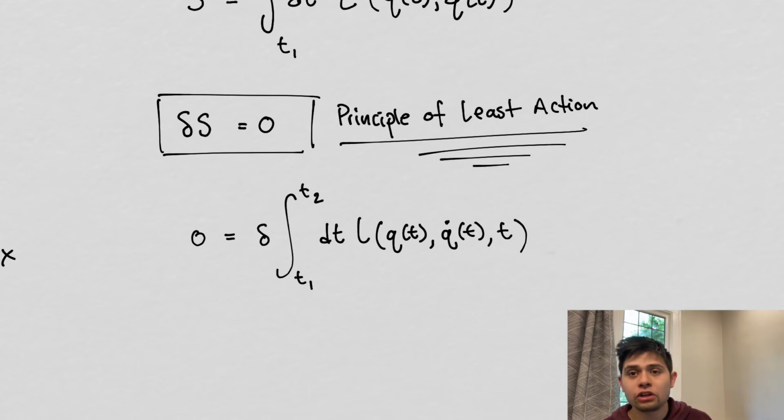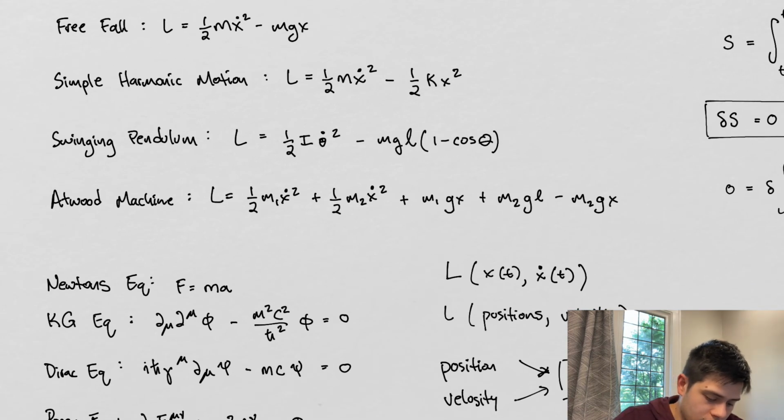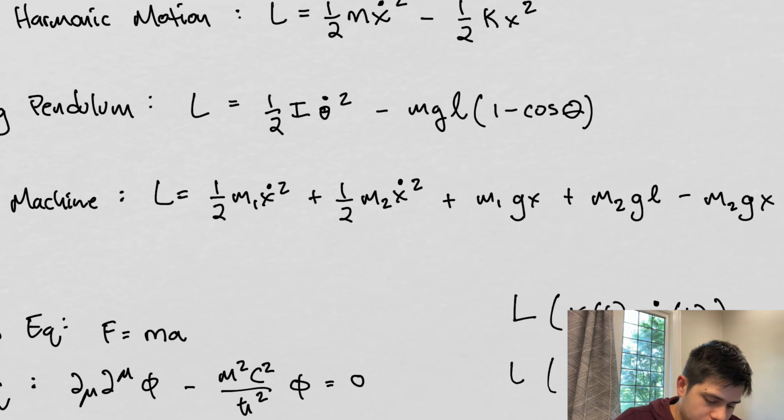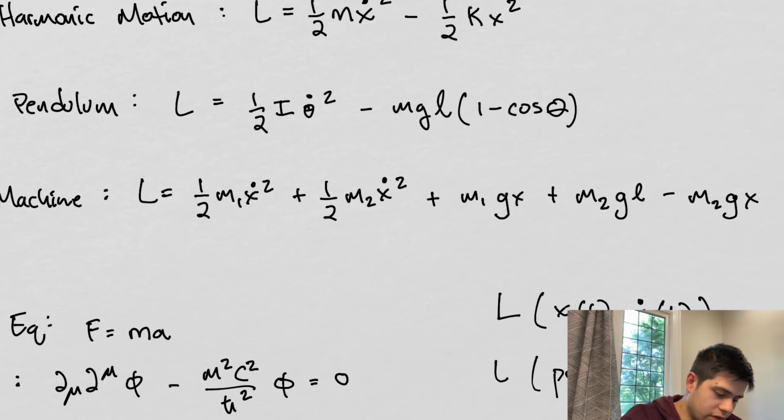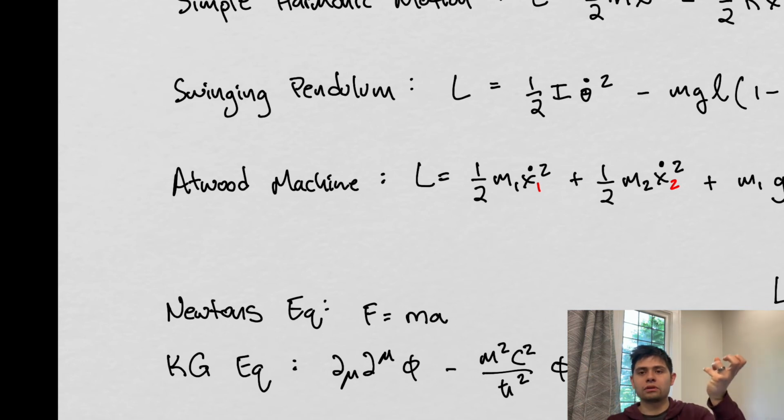The reason we have Q is that when we go back here, I should have labeled these as positions of our different components. Especially when we consider an Atwood machine, because an Atwood machine has two moving parts to it, a heavy weight and a light weight.